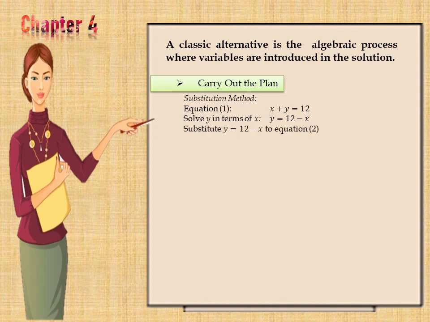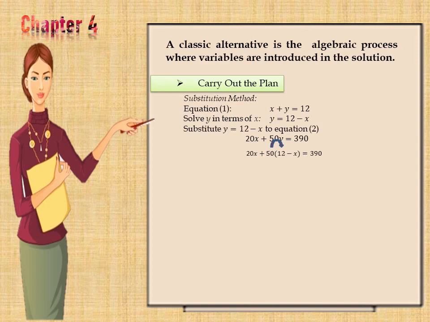So next, we're going to substitute y equals 12 minus x into equation 2. Since equation 2 is 20x plus 50y equals 390, substitute y equals 12 minus x. So we can have 20x plus 50 times the quantity 12 minus x equals 390.